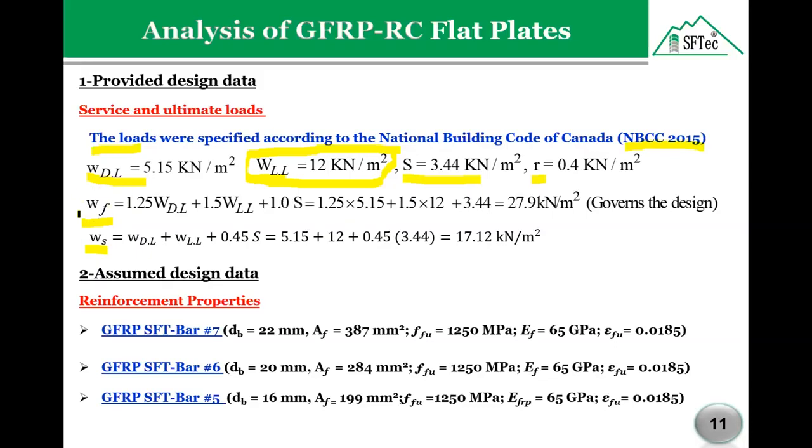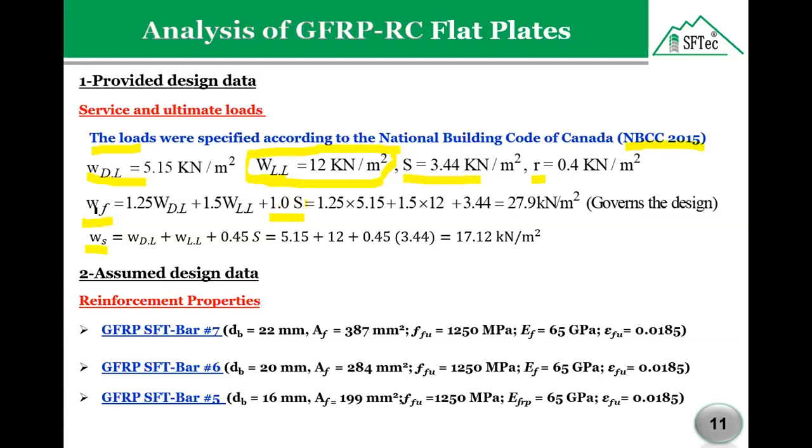So here W factored equals 1.25 times W dead load, which is 5.15, plus 1.5 times W live load, which is 12 kilonewton per meter square. And here we are going to add a part for the snow load. The snow load here is 3.44, and no factor will be used for the snow load, so it will be 1.